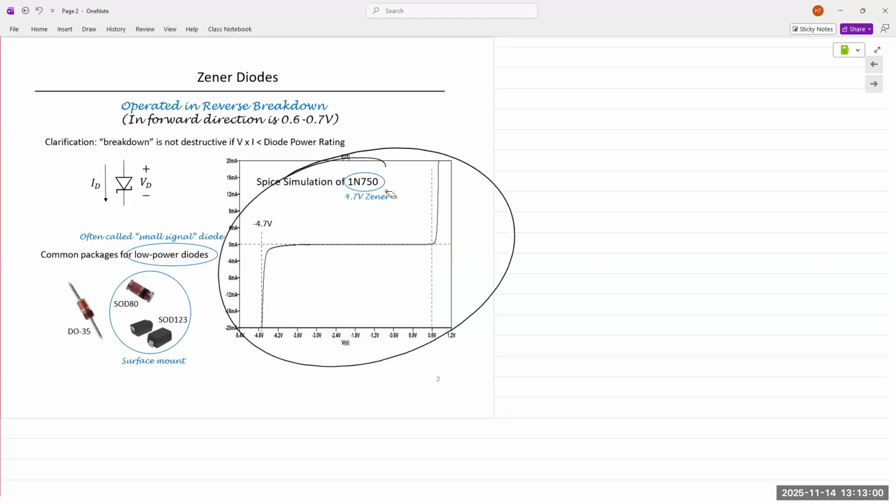Okay. Here we have, let me draw out the X and Y axes. This is the diode voltage, positive diode voltage.